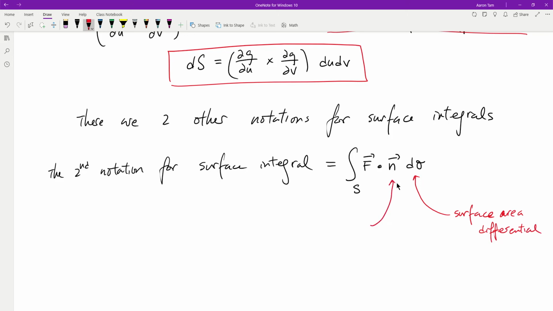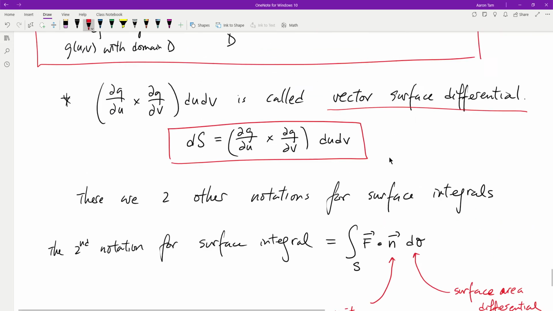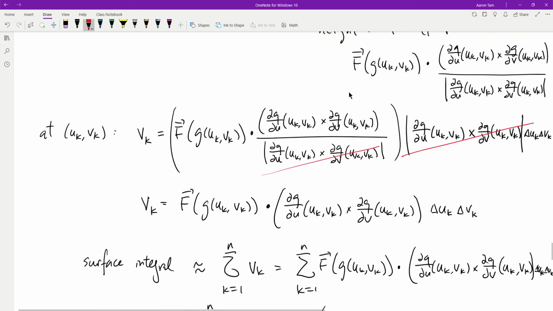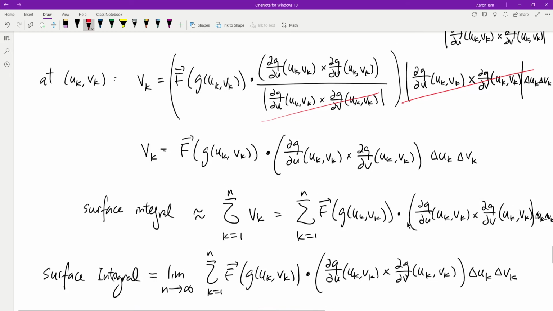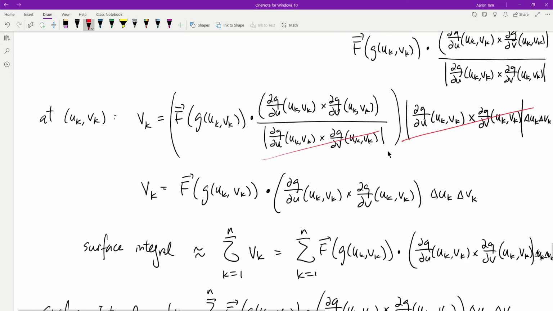The n is actually the unit normal vector. So this notation basically describes how we form the surface integral. The n is basically this part right here.